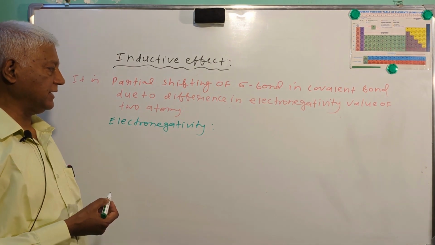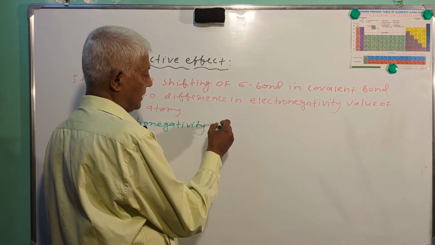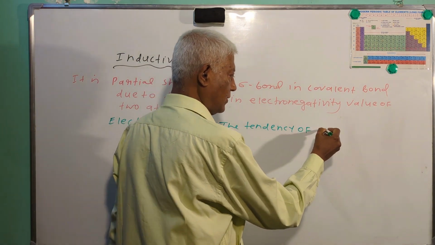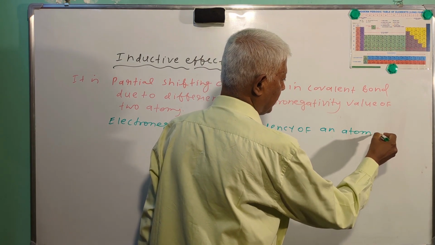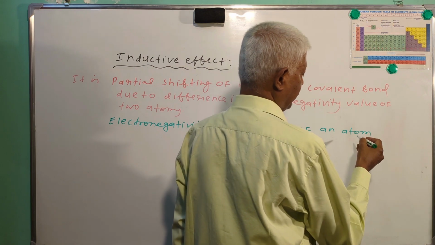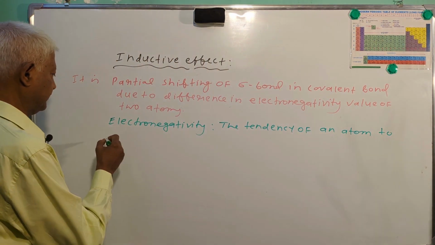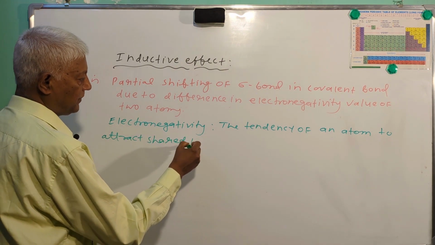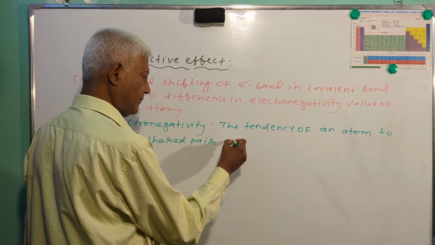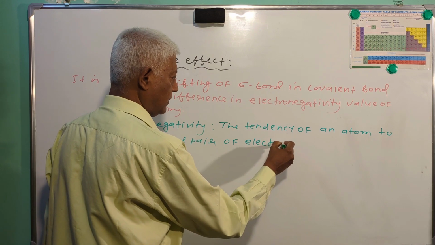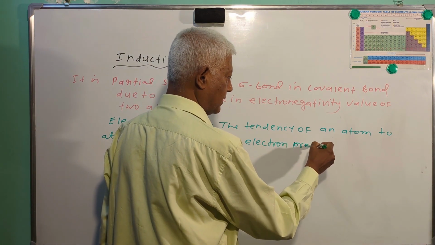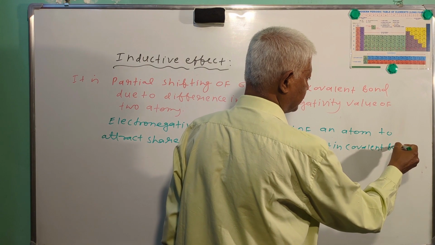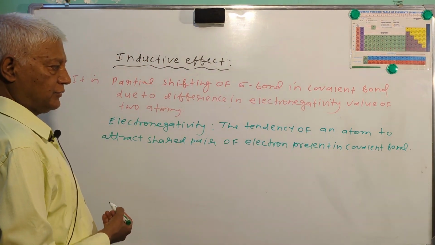When you talk about electronegativity, what it means is the tendency of an atom to attract the shared pair of electrons present in covalent bonds. So what does it mean?